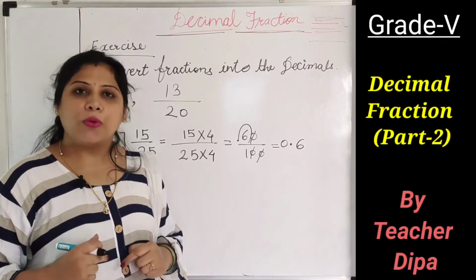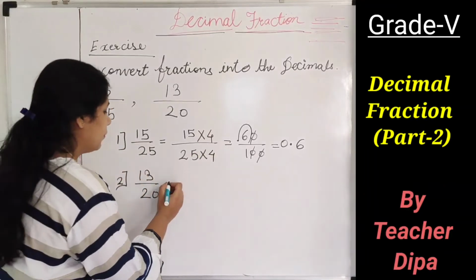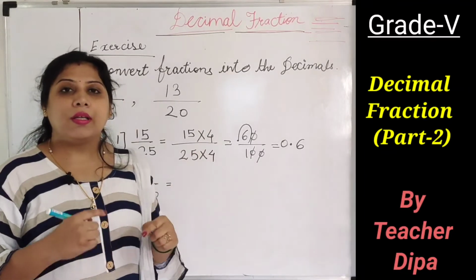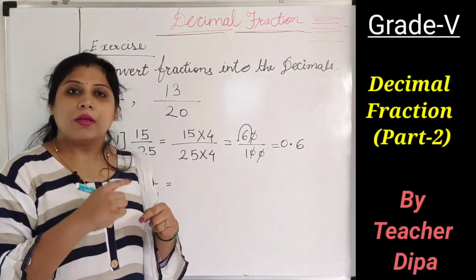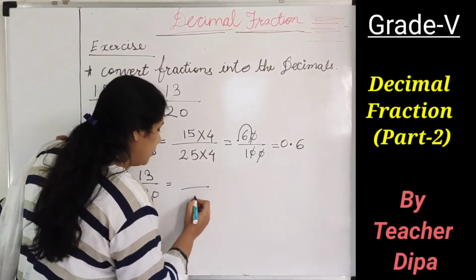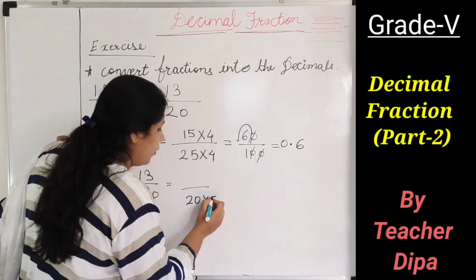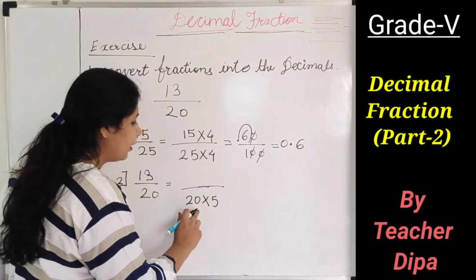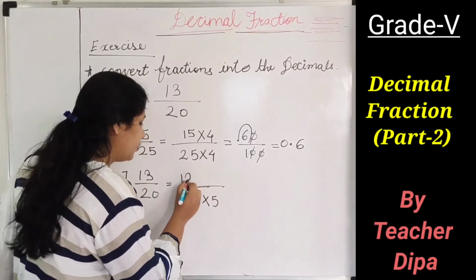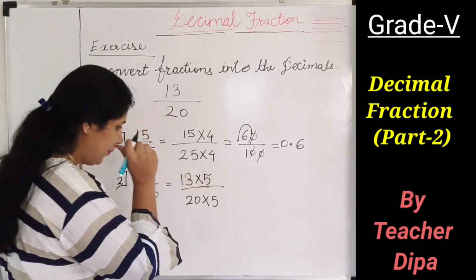Second, that is 30 upon 20. Similarly, we will convert 20 into a multiple of 10. So this will become 20 into 5. As we are multiplying the denominator by 5, we will multiply the numerator also by 5.